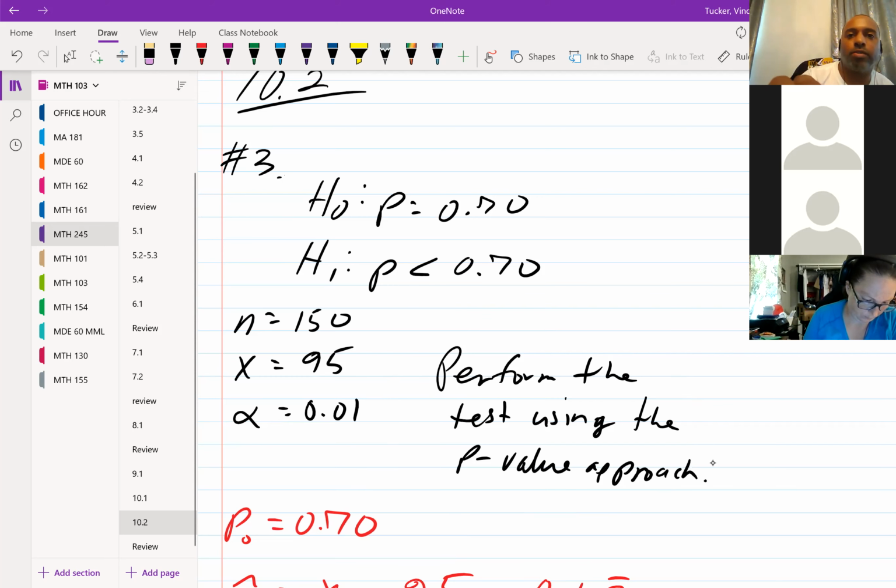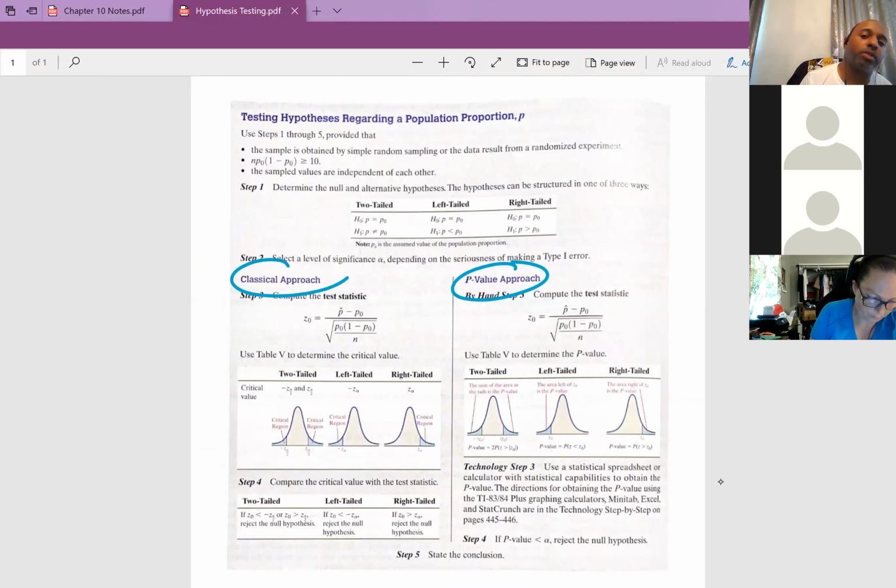Just want to make sure I emphasize this. Once again, they give us a p-value approach and they give us a classical approach. So they're asking us to do the p-value approach, which is over here to the right. So once again, I'll send you guys a copy of this today. As a matter of fact, let me write myself a note.